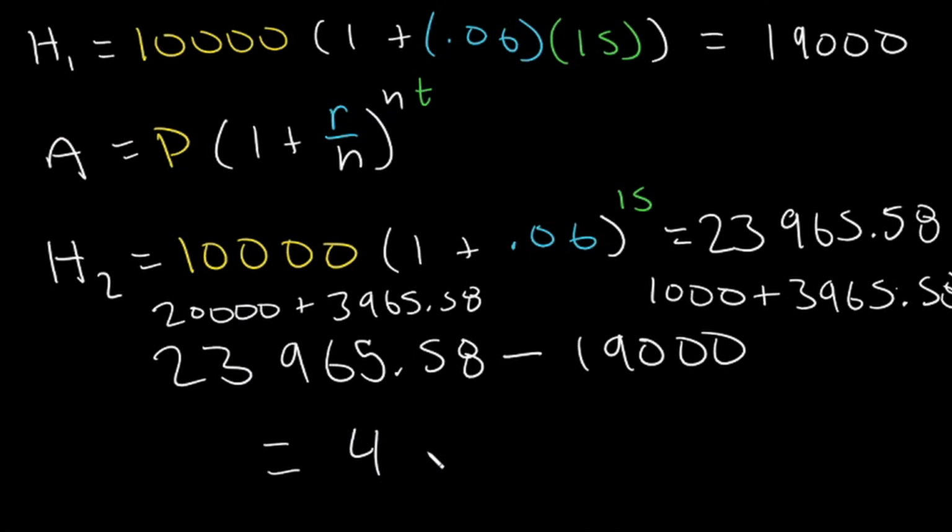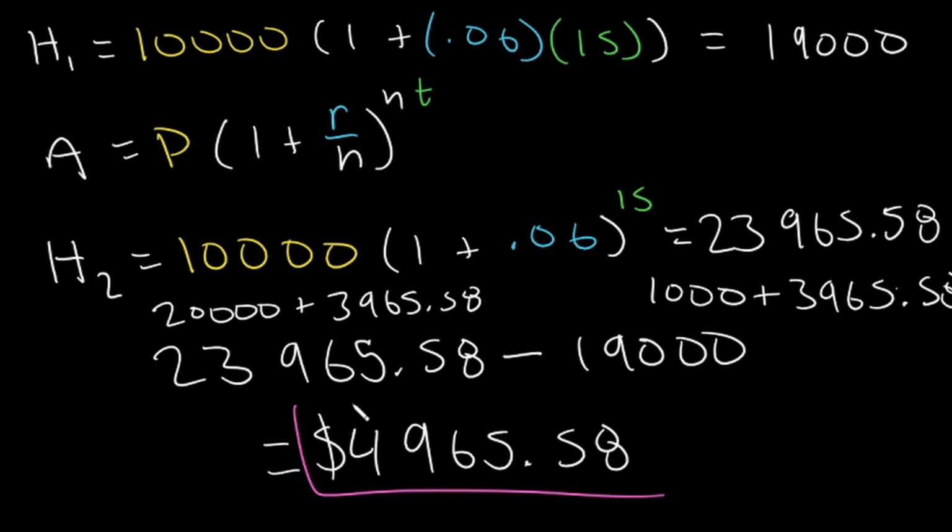It's just going to be 4,965 and 58 cents. So Human 2 will have $4,965.58 more than Human 1 after 15 years.